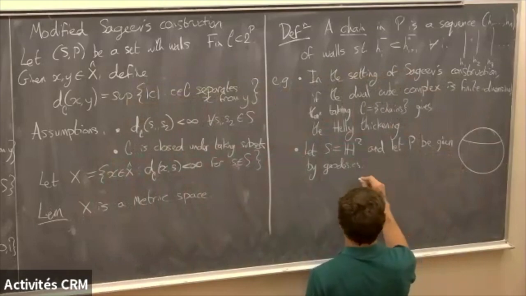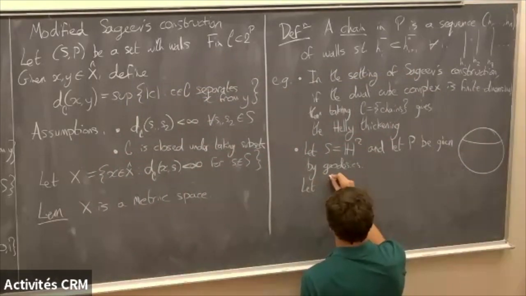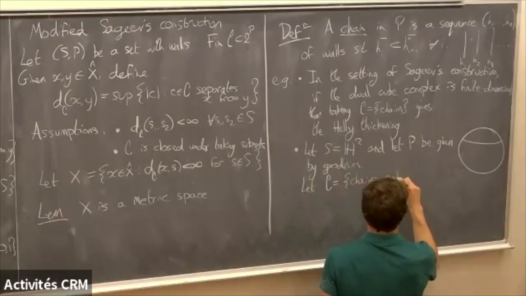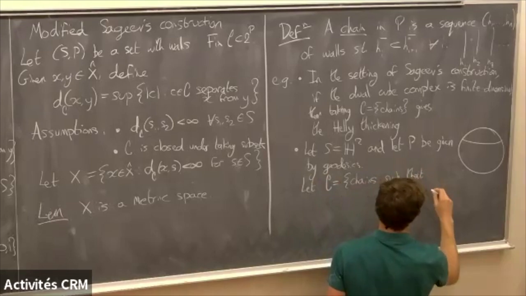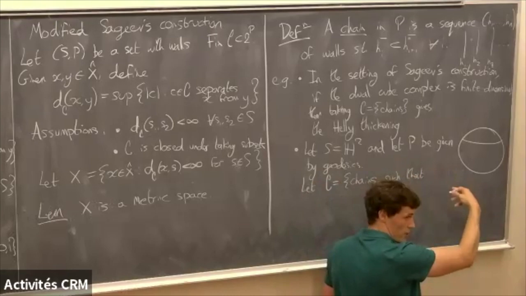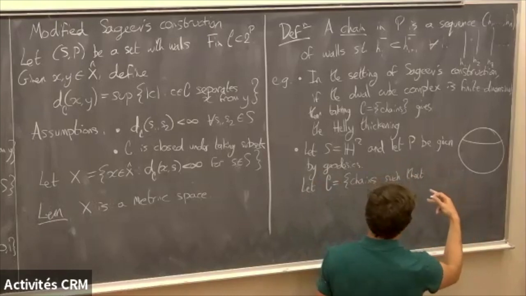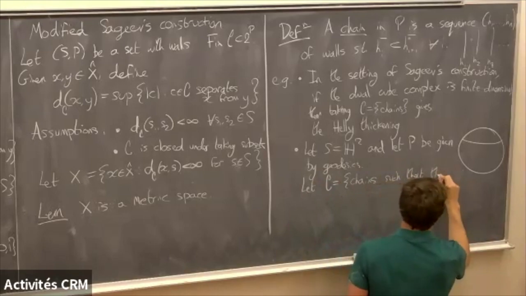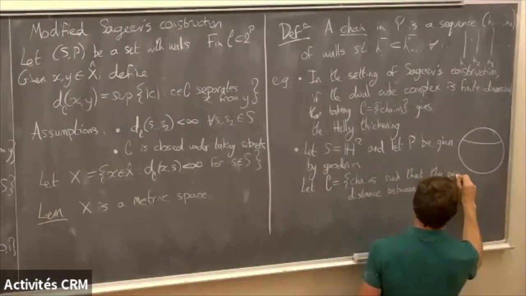If you take C to be the set of chains such that the pairwise distances between geodesics in your chain is at least 1. Let me write that down before I finish the sentence.